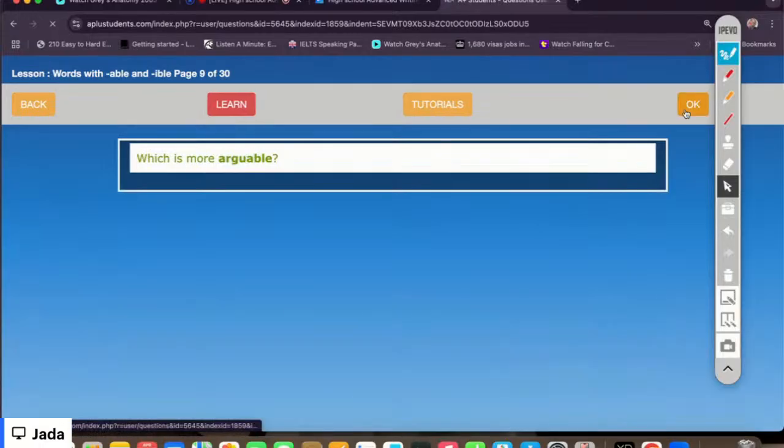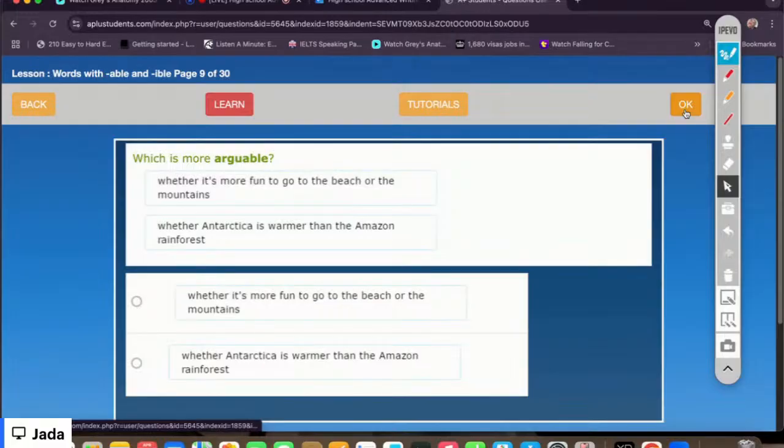Okay, so which is more arguable: whether it's more fun to go to the beach or the mountains, or whether Antarctica is warmer than the Amazon rainforest?